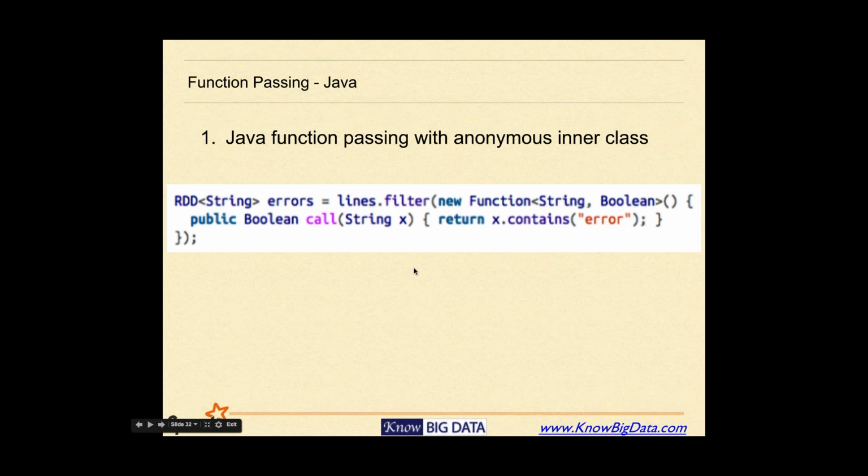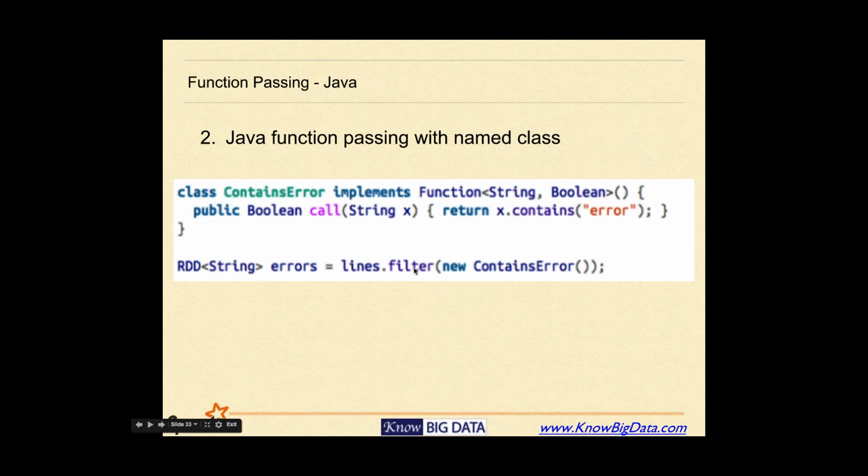You can see that this was the method which we used earlier. Now you can see ContainsError implements Function, and how does it implement?